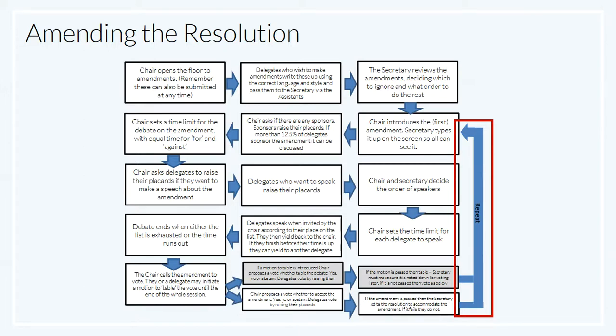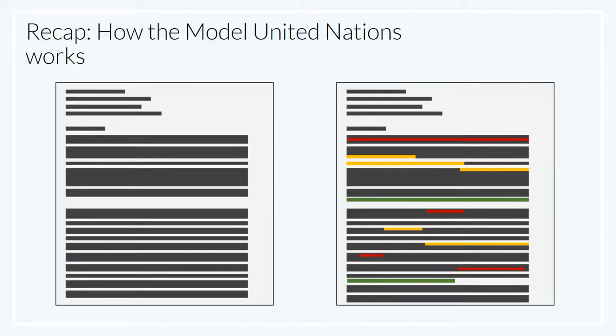This repeat will keep going until the time limit for the overall debate, set at the very start, if you remember when we opened it, is completed. And then we vote on any tabled amendments and then we vote on the overall resolution as it stands.